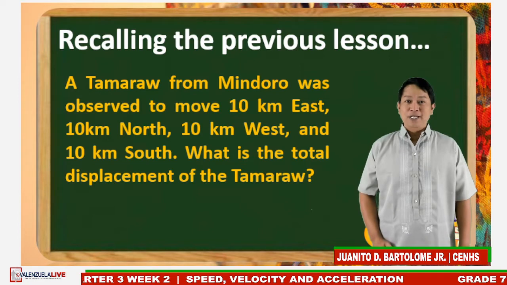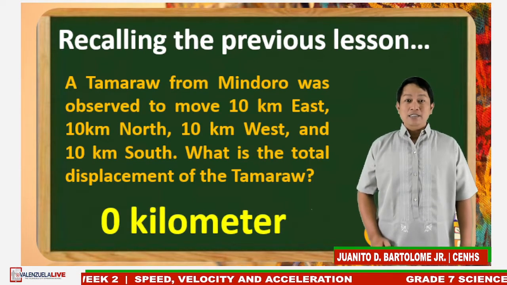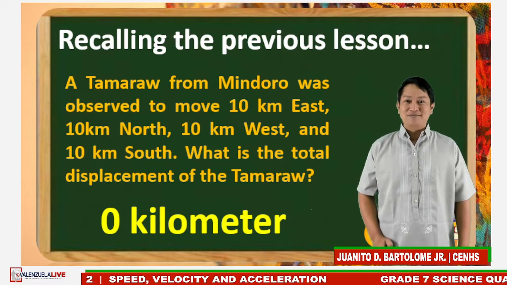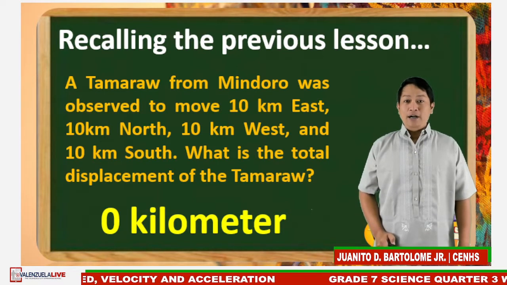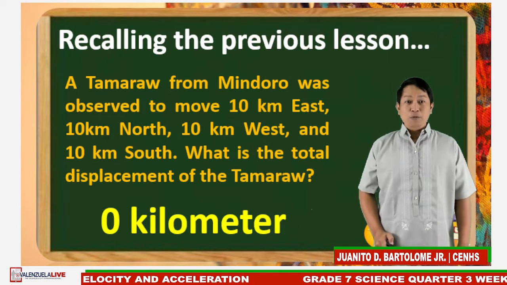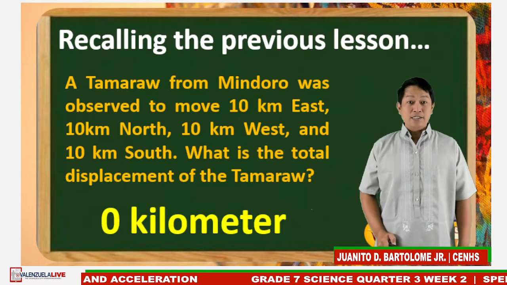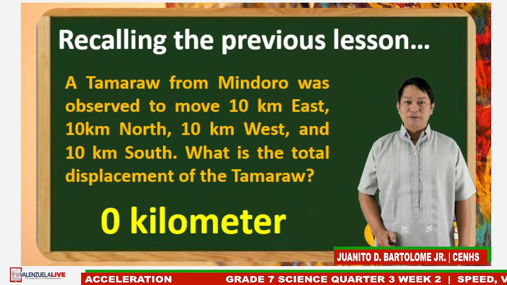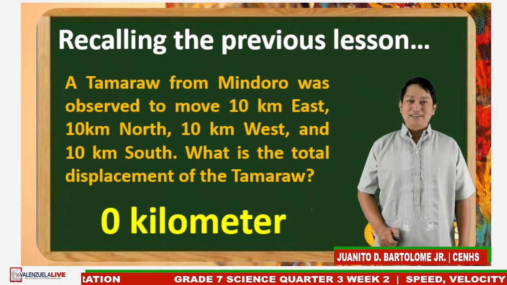Time's up. Let us now reveal the correct answer. And the answer is 0 kilometer. Based on the problem, the starting point and the end point are at the same position. If we measure the path between starting point and end point, the answer would be 0. Very good, grade 7 learners. You are all excellent.